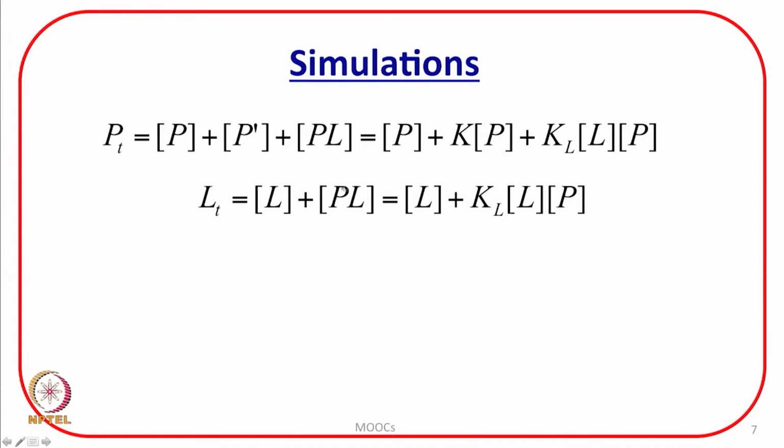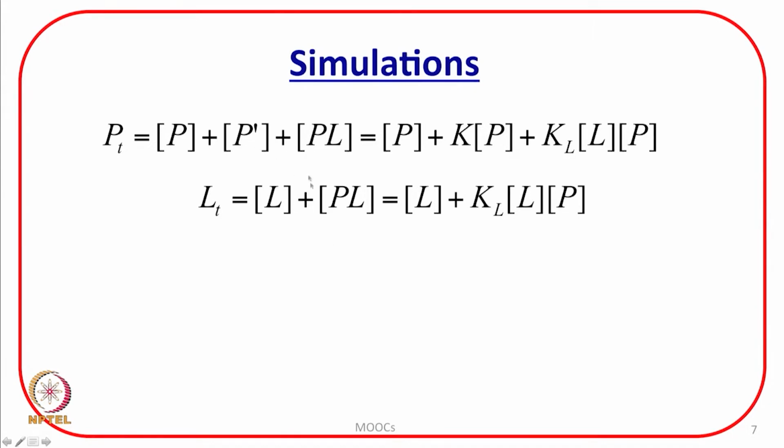And again for the concentration of PL, by using one of those equations earlier discussed, I can write it in terms of concentration of L and concentration of P. Now, you see, if I know the total protein concentration and the total ligand concentration, then I can get the concentration of L as well as the concentration of PL in the free form.